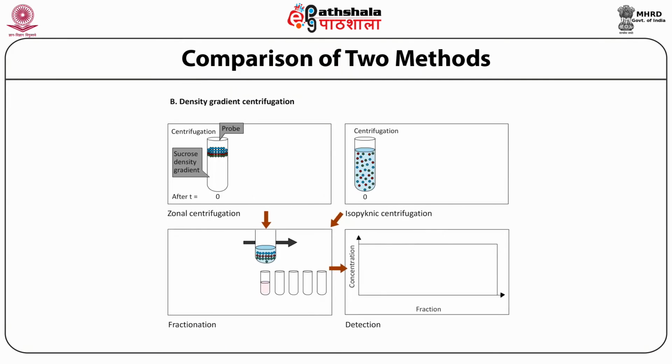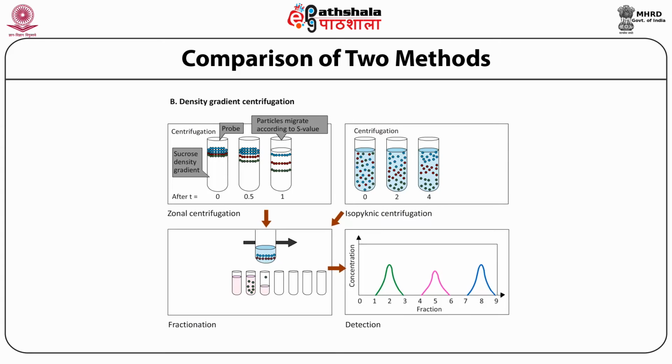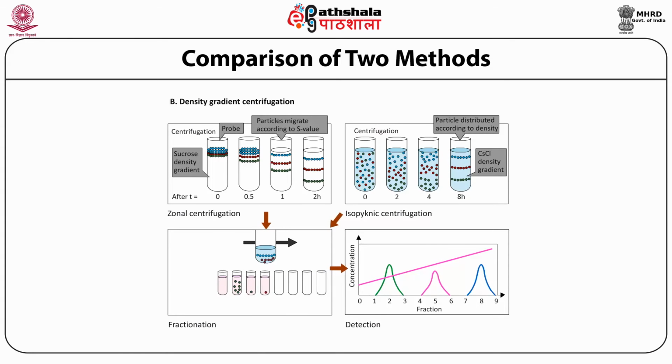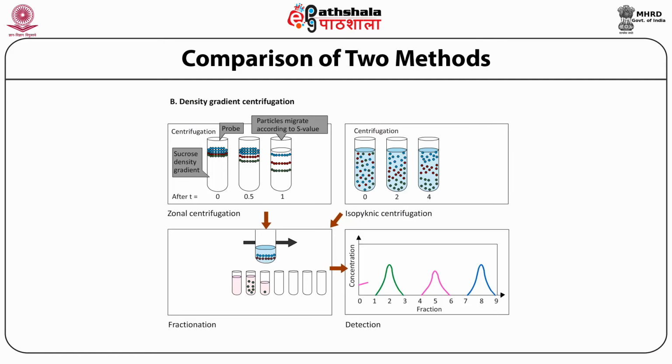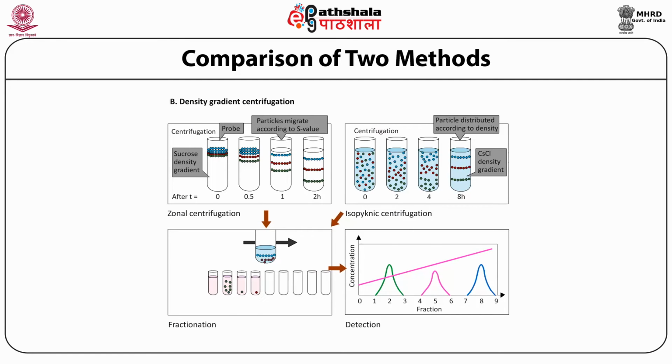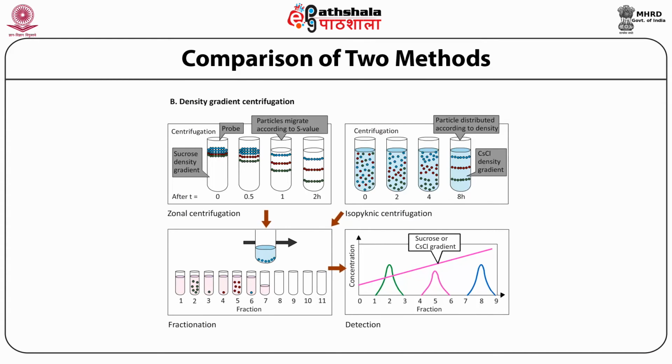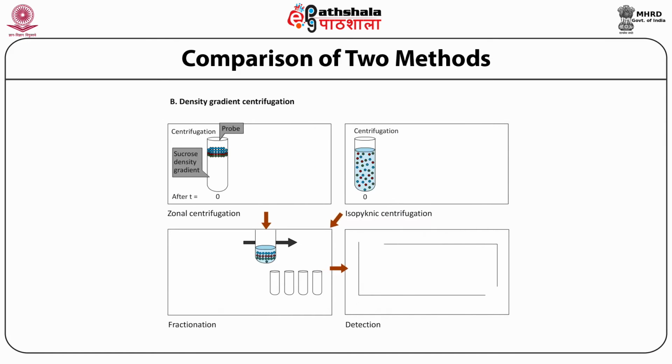Another comparison of the two methods: there is an actual difference in their basic principle. In rate zonal centrifugation, the sample is kept at the top and is separated as per its own density and depending upon the variable time. However, in isopycnic centrifugation, molecules are mixed throughout the solution and then reach their density position as per the difference between the density of the medium and the density of the particle.